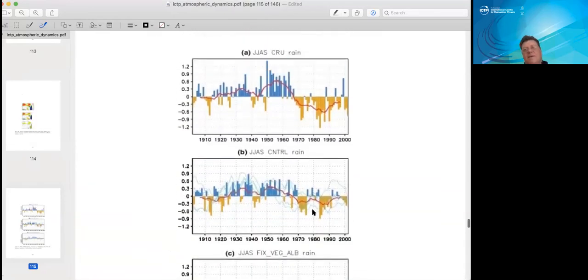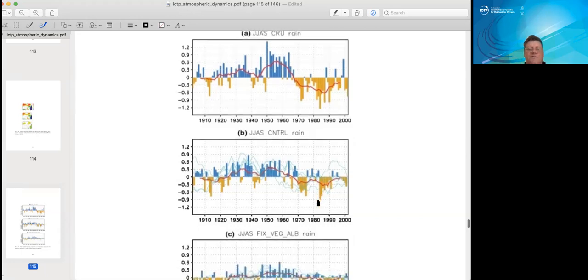So in the model setting with the interactive vegetation, we ran not just one simulation, but many simulations. That was able to mimic the observed structure of rainfall response, not on a year-to-year basis, but the overall structure of rainfall response was very similar.